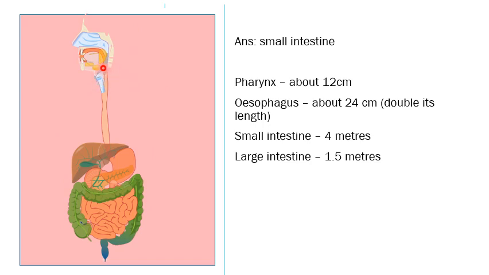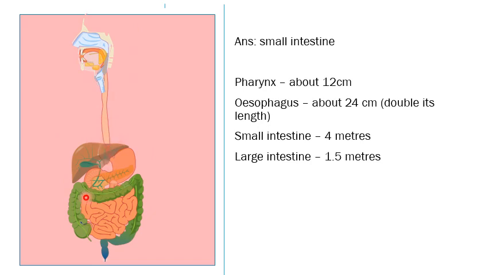Our throat area, in this area only the pharynx is present. So this is very small, about 12 centimeters. Then from the neck, throat region till the lower level of the costal cartilages or the chest bones is the esophagus. That is a little less than the length of a long scale, about 24 centimeters. Then the small intestine.